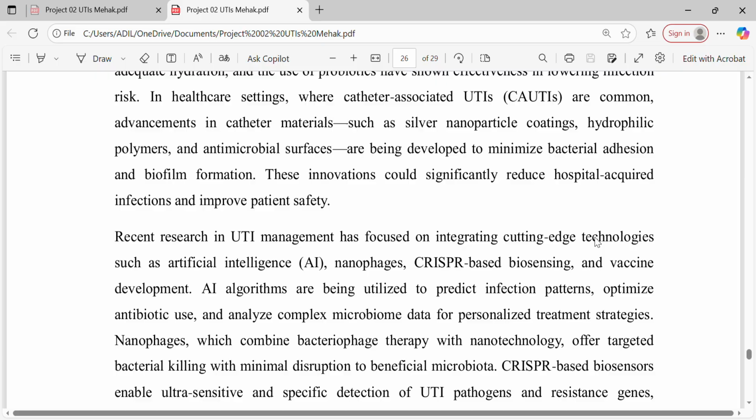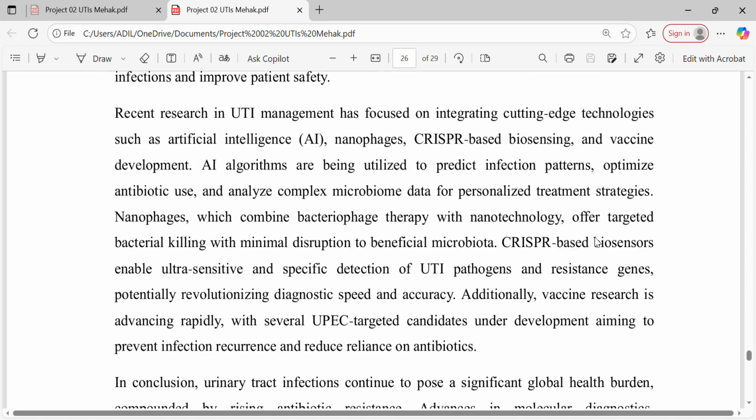Recent research in UTI management has focused on integrating cutting-edge technologies such as artificial intelligence (AI), nanophages, CRISPR-based biosensing, and vaccine development. AI algorithms are being utilized to predict infection patterns, optimize antibiotic use, and analyze complex microbiome data for personalized treatment strategies.